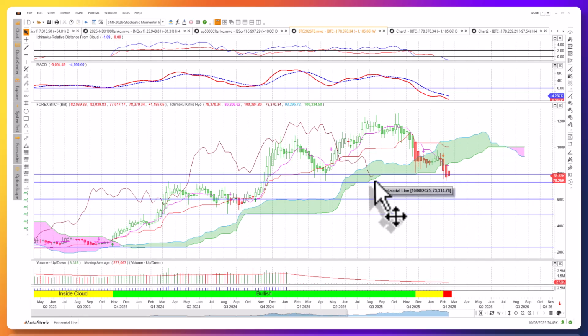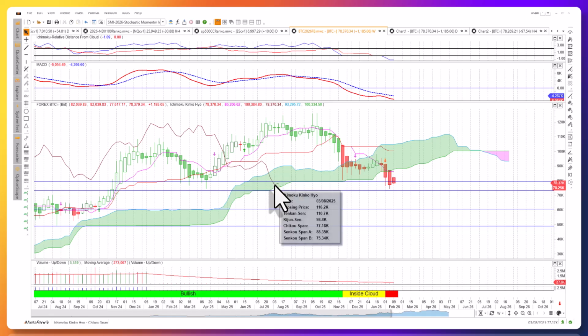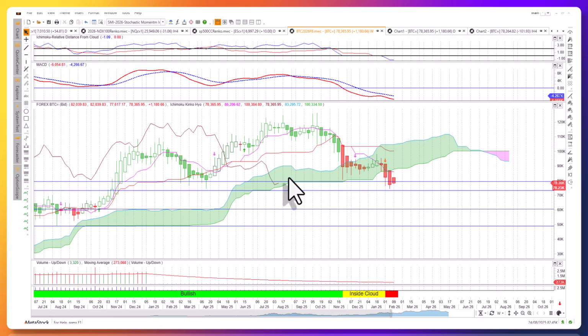Now the other thing to watch out for very closely, as we zoom in here, is the lagging line of the Ichimoku cloud. Sometimes that tends to find support at the cloud chart level, so watch very closely. If we keep getting support on this lagging line, rebounds from that cloud level there, then the rally should be okay to the upside. That's one thing to watch out for. It's a late stage signal.